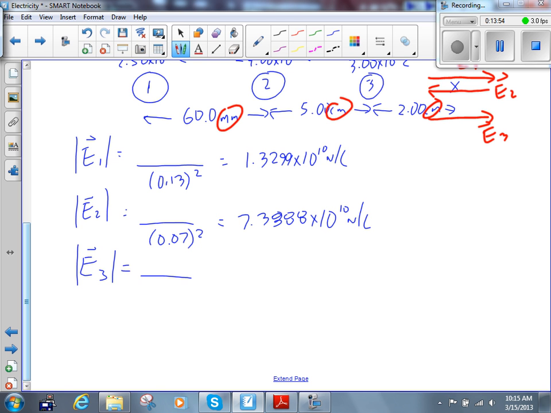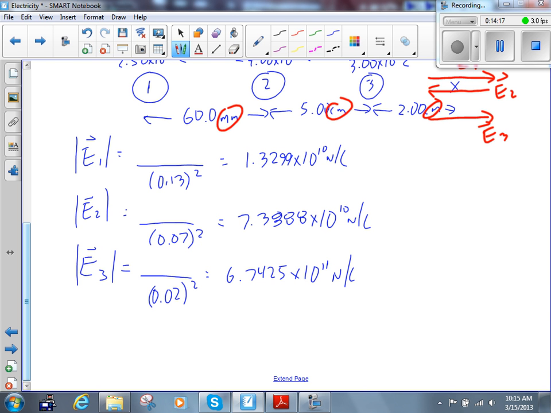E3, the distance here is the easiest one. It's simply 2 centimeters or 0.02 meters. Here we get 6.7425 times 10 to the 11 newtons per coulomb. We got a bigger value for E3 than we did for either of the other 2 charges. Why?